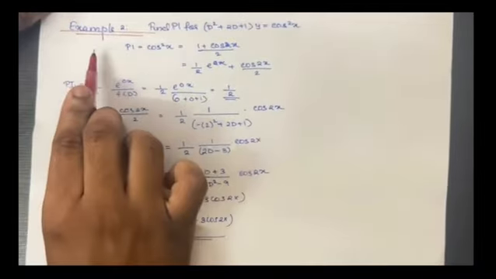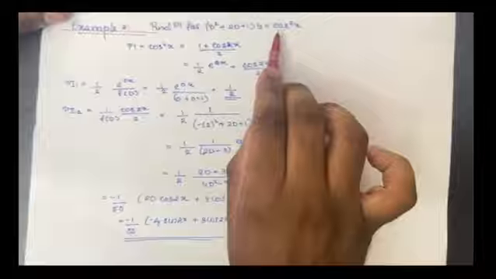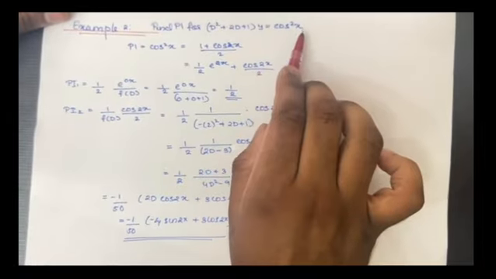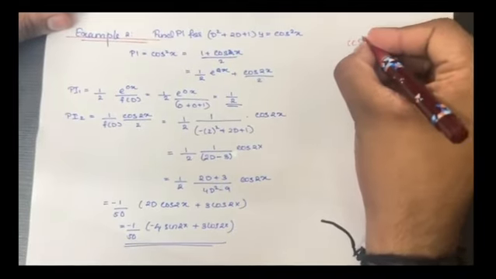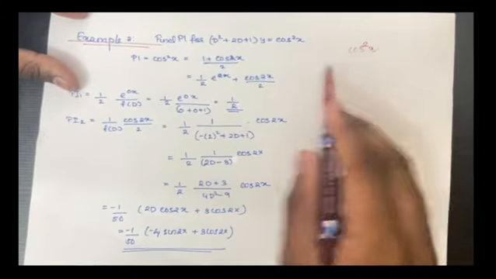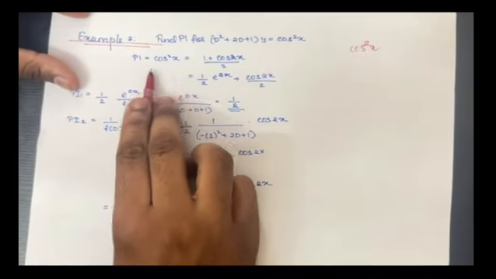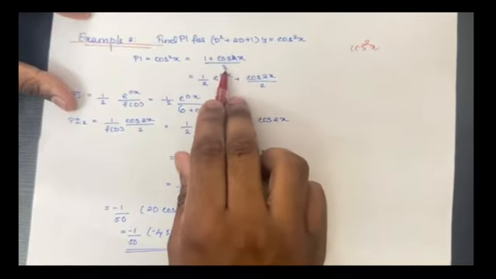Here we are looking at a second example for the second case, that is where the RHS is of the form cos ax or sin ax. Here the RHS is cos square x. So first let us simplify this RHS. While simplifying cos square x, we know that cos square x is equal to 1 plus cos 2x divided by 2.